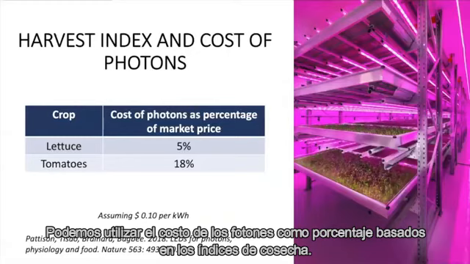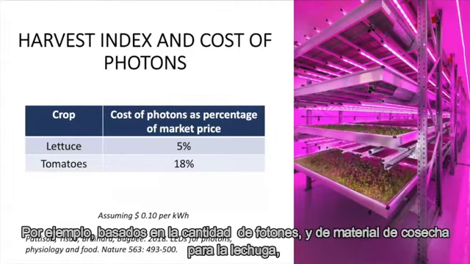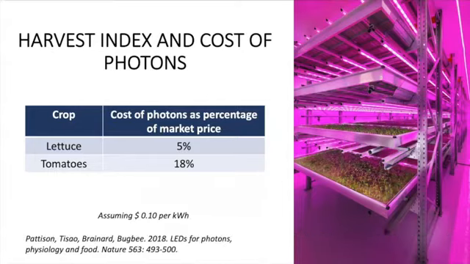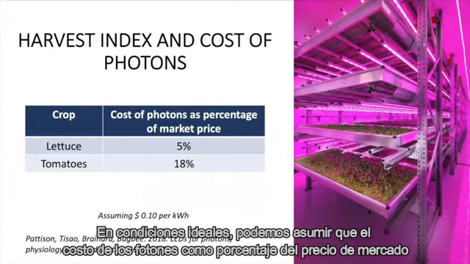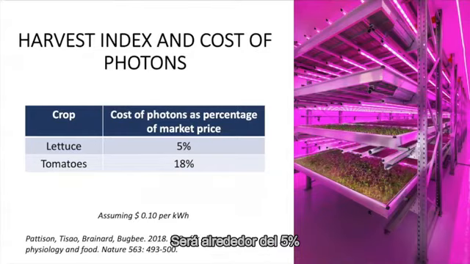We can use the cost of photons as percentage based on harvest index. For example, based on the amount of photons and harvestable material from lettuce, in ideal conditions, we could assume that the cost of photons as percentage of the market price will be about 5%.